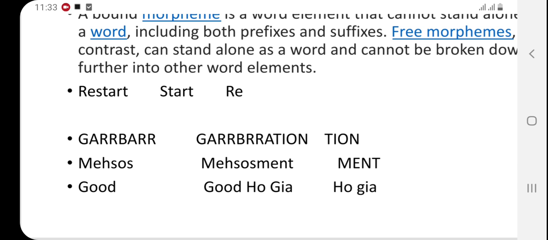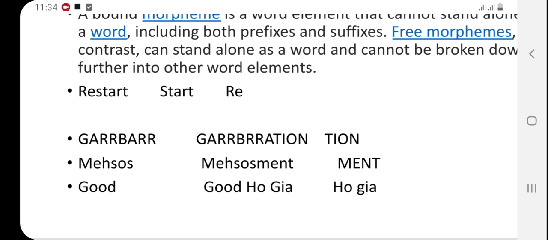Then this word mehsoos, to feel something, and now they say that I have some mehsoosment. This word ment is actually a bound morpheme in English, and we have attached it with an Urdu word.